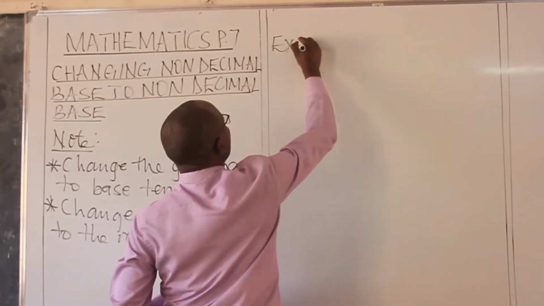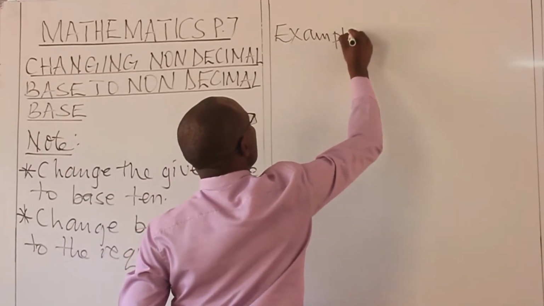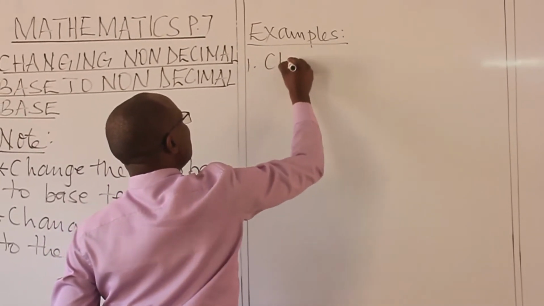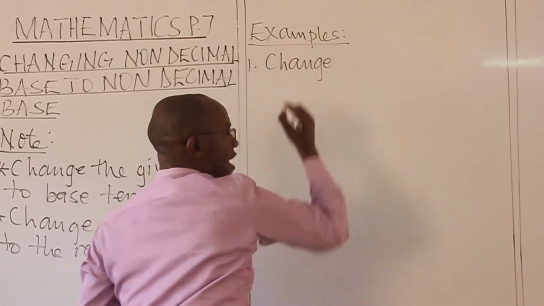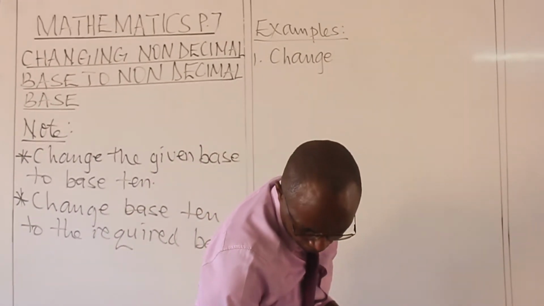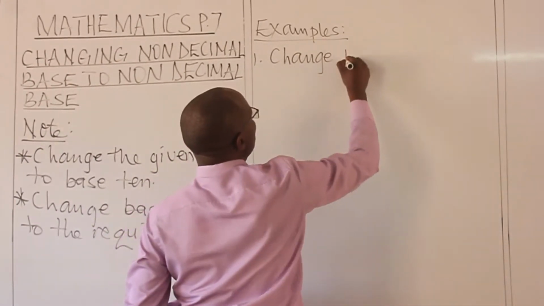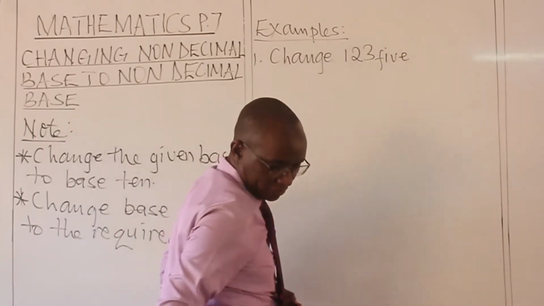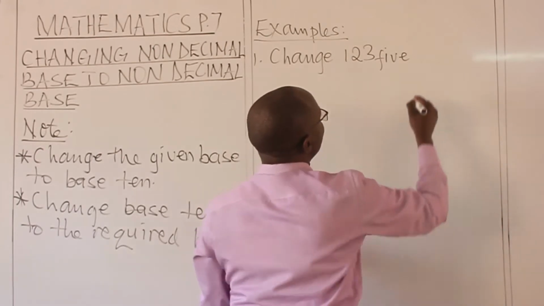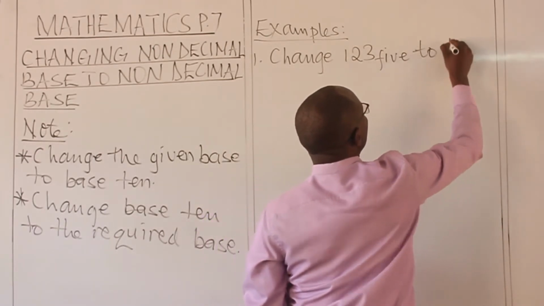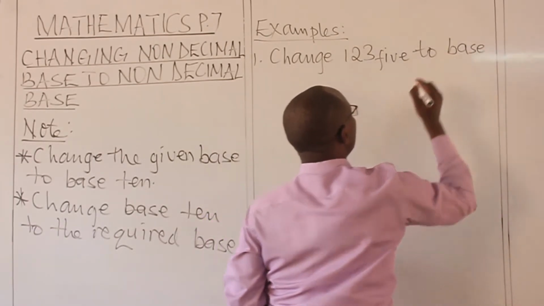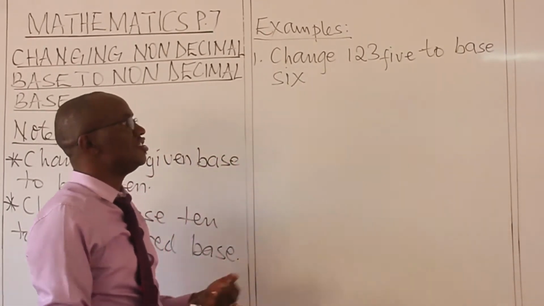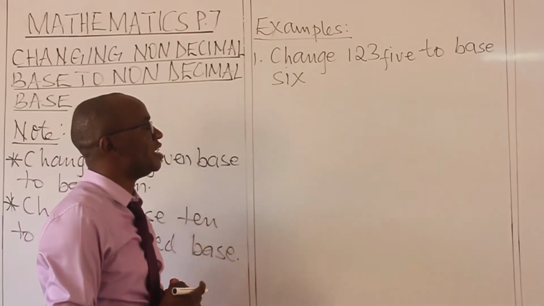Now this is my first example. So let us look at the examples. Example 1, change 123 base 5 to base 6. The question is change 123 base 5 to base 6.